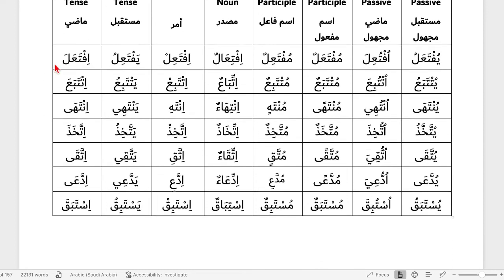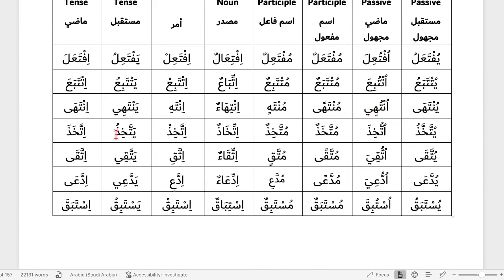Here are some examples taken from Surah Yasin. Ittaba'a, yattabi'u, ittabi', ittiba'un, muttabi'un, muttaba'un, uttubi'a, yuttaba'u. Another one. Intaha, yantahi, intahi, intihaun, muntahin, muntahan, untuhi, yuntaha.